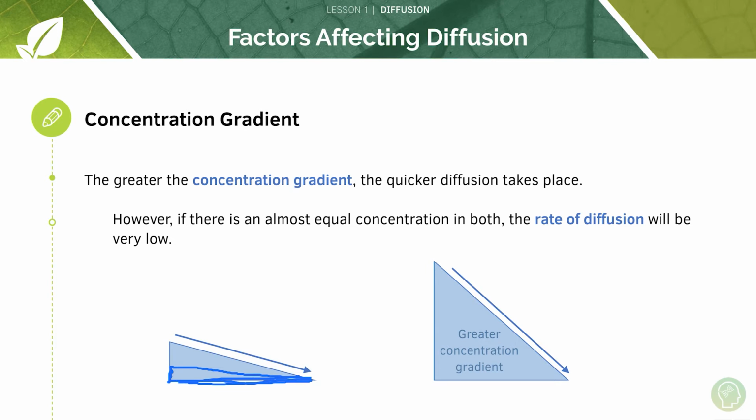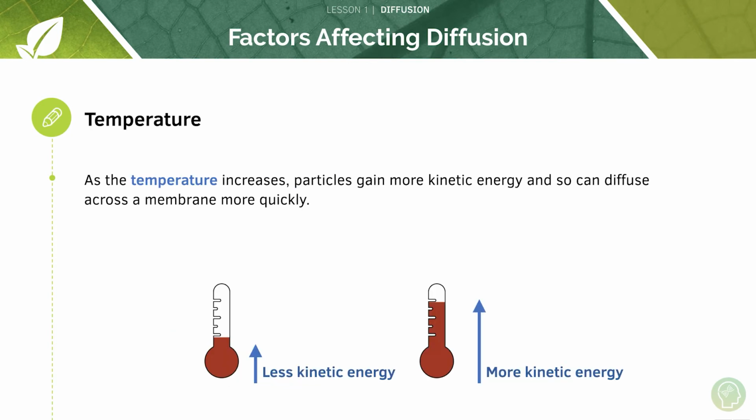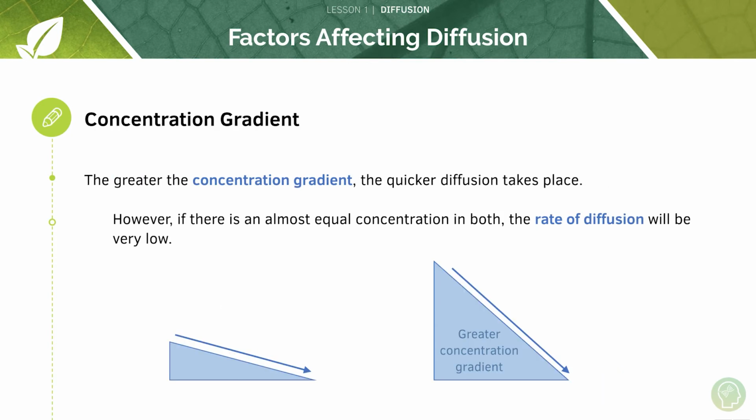The rate of diffusion will be very low because the difference is lower. The concentration gradient is smaller. So that's basically going over what a concentration gradient is. If you're a little bit confused about that, do just go back and watch it again because it's a really simple concept, and once you understand that, the rest of this tutorial will make perfect sense.